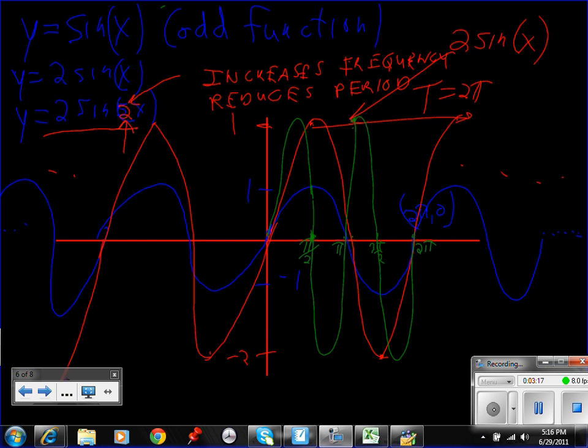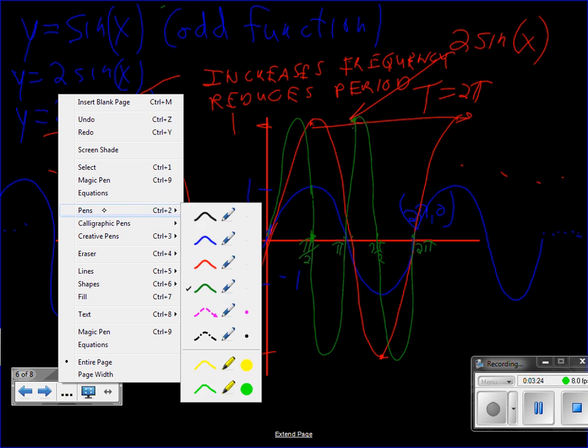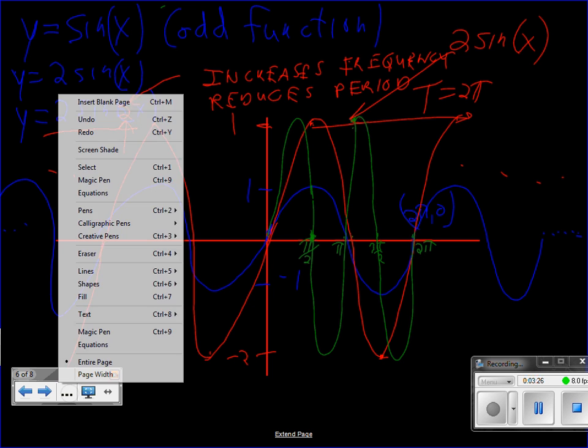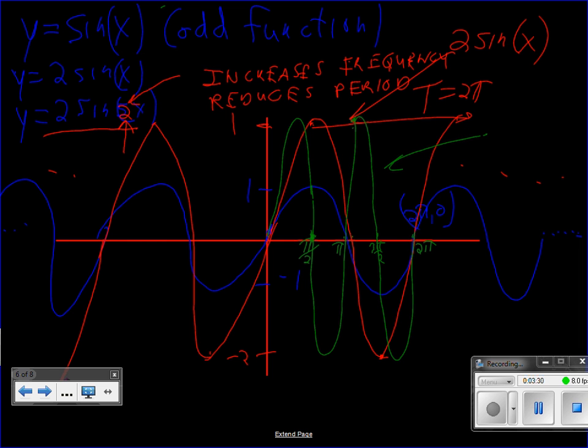Okay, I went ahead and drew in my function here. I had to stop a little bit to make sure I didn't mess that up. But this is 2 times the sine of 2x. It's amplified or stretched by a factor of 2, and the period is half as much.